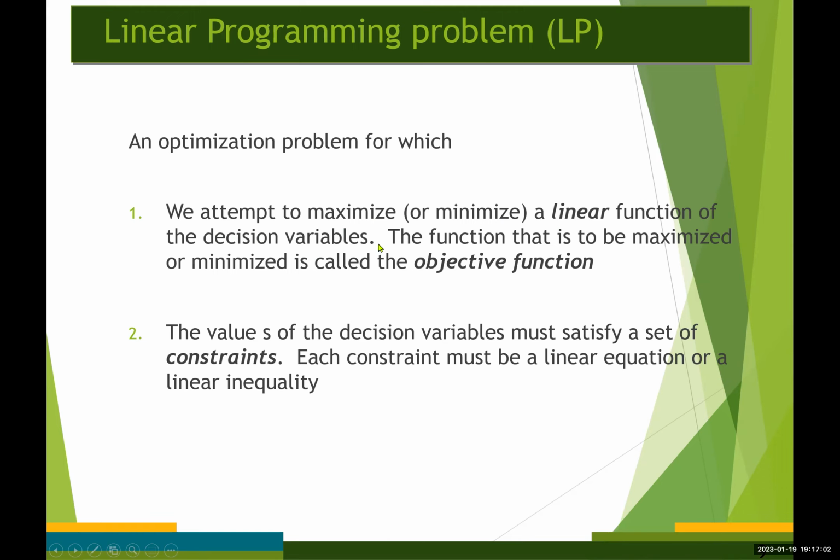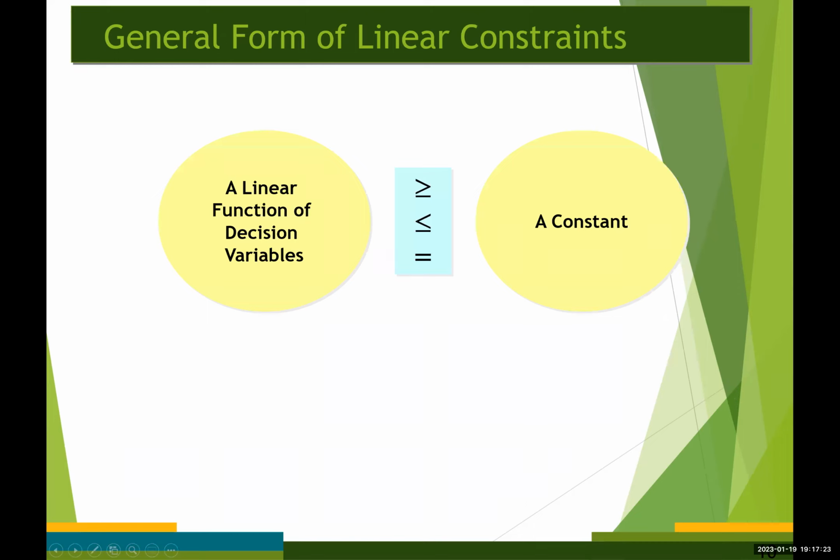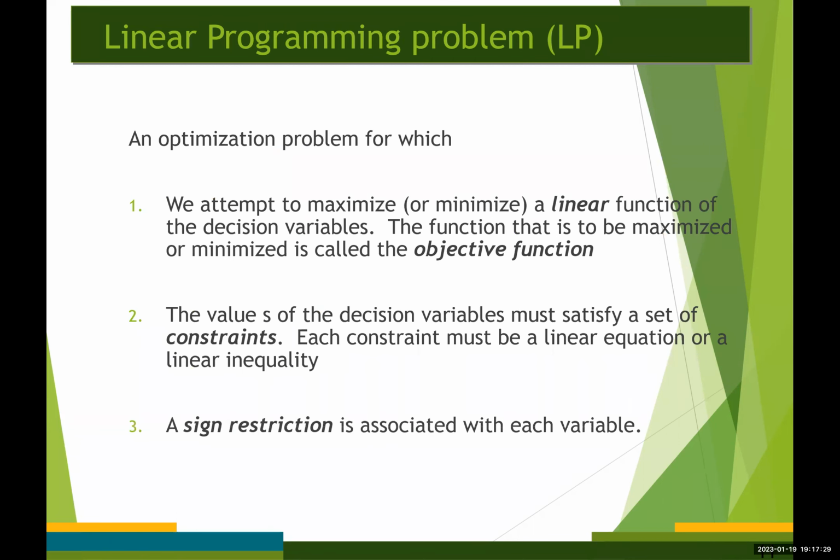The function that is to be maximized or minimized is called the objective function. And the values of the decision variables must satisfy a set of constraints, okay? And each constraint must be a linear equation or a linear inequality.